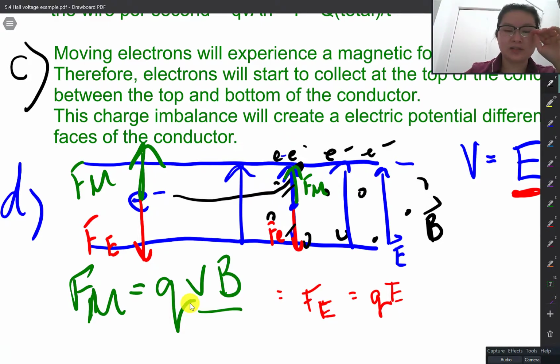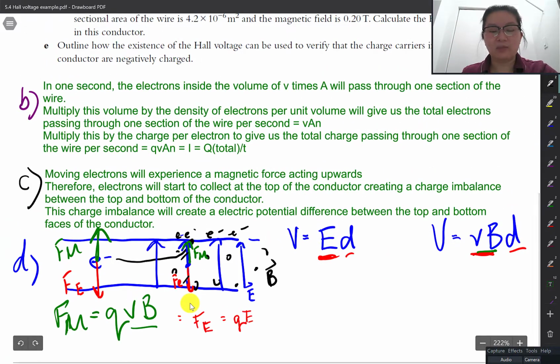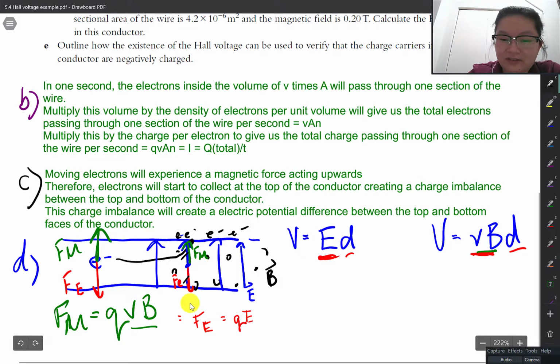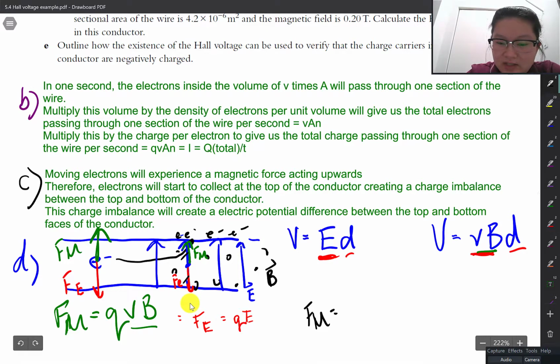A sweet spot is a threshold at which the maximum number of electrons can accumulate at the top, so that all the rest of the electrons that come through will just move straight. And that's when you establish the Hall effect, this Hall voltage. So that's how you can show that the magnetic force is equal to the electrostatic force.